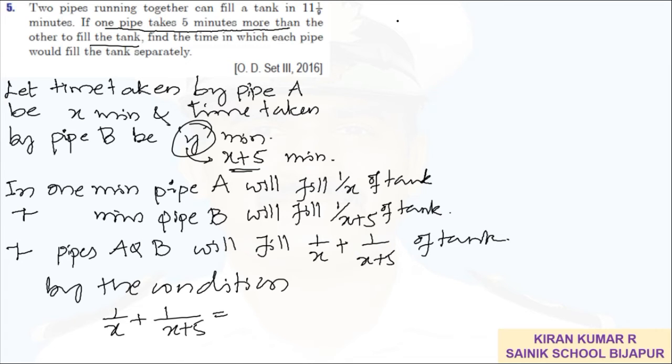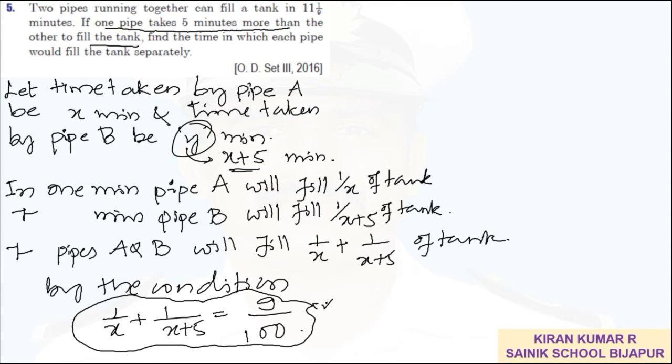What is 1 1/9? 1 1/9 is 10/9. In 1 minute it would fill 9/10 of the tank. So I have to consider here 9/10. Hope you have understood this. This is the main key point for solving this question.